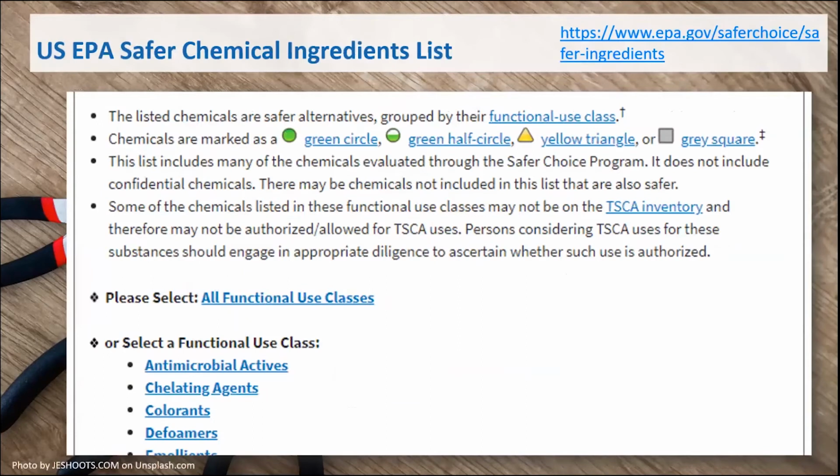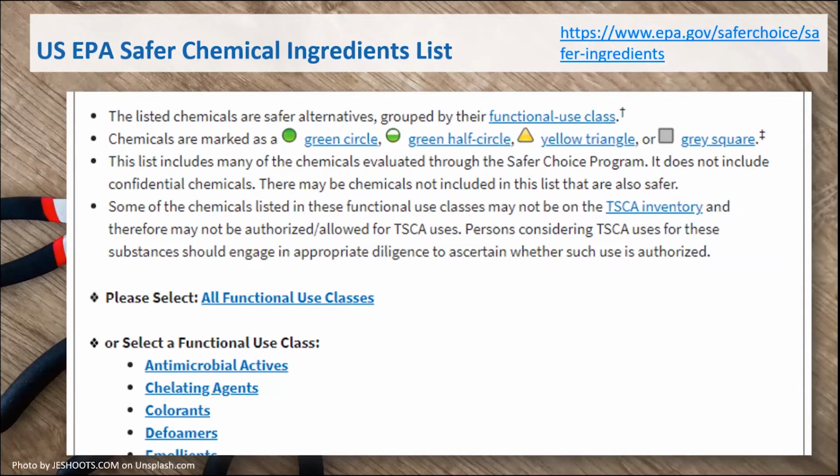The Safer Chemical Ingredients List, or SCIL, is a list of chemical ingredients arranged by functional use class that the US EPA Safer Choice Program has evaluated and determined to be safer than traditional chemical ingredients. This list is designed to help manufacturers find safer chemical alternatives that meet the criteria of the Safer Choice Program.